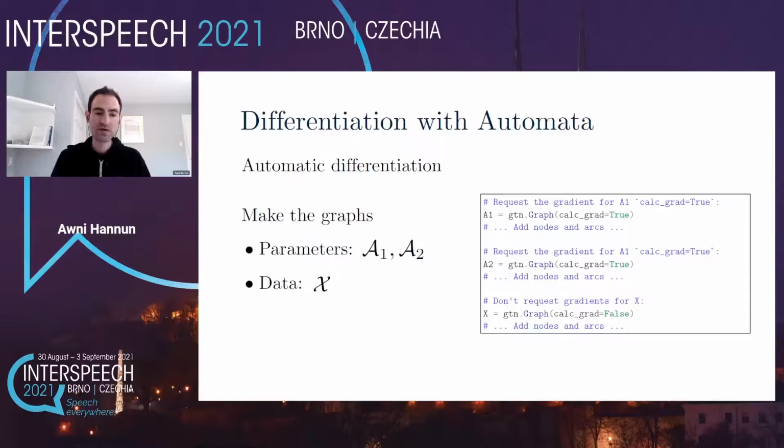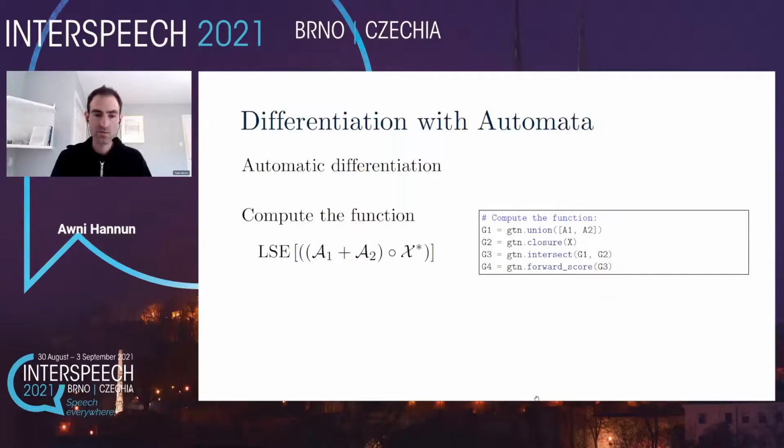So that's how we specify that A1 and A2 are parameters and x is the data, by whether or not we request the gradient. Then we compute our function. So we take the union of the two parameters, we take the closure of the data, we intersect those, and then we compute the forward score.